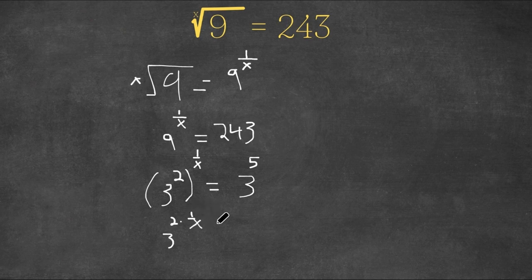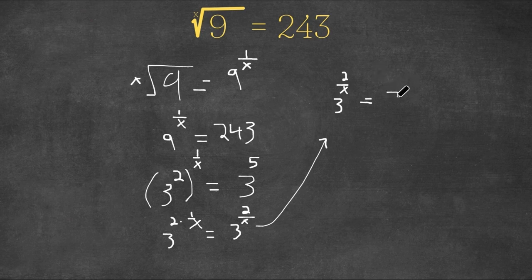And 2 times 1 over x is equal to 2 over x. So this is 3 to the power of 2 over x. So let me write this over here. We have 3 to the power of 2 over x is equal to 3 to the power of 5.